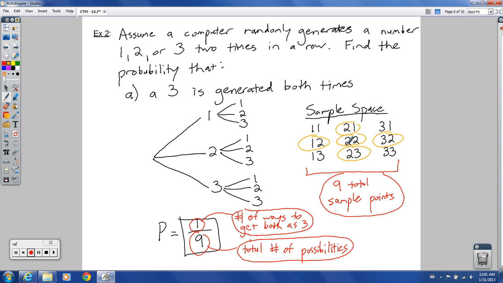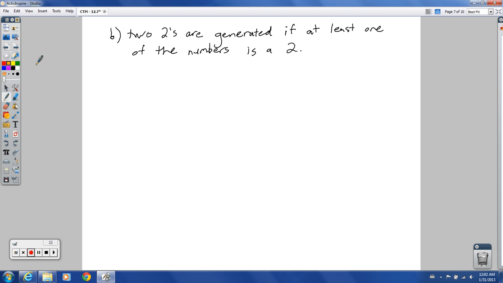So given that I have at least 1 2, what's the probability that 2 2s are generated? So my total becomes 5. It's not 9 anymore. It's just the ones here that included 2. I have at least 1 2. And of those 5, only 1 is going to be having both 2s. It's going to have 2 2s.